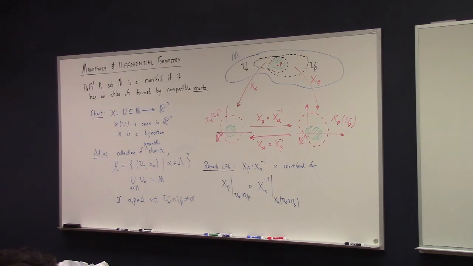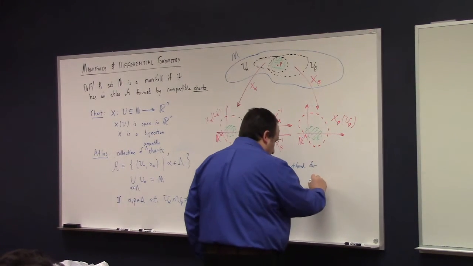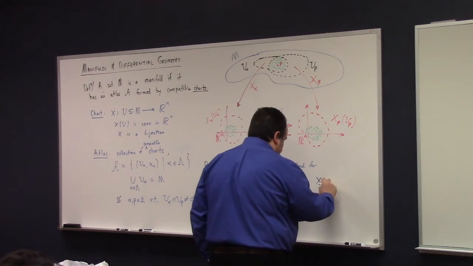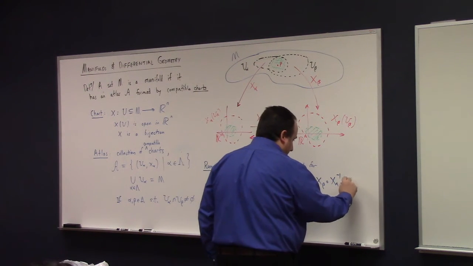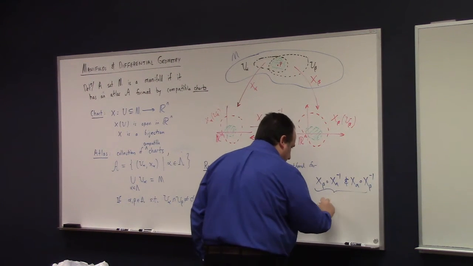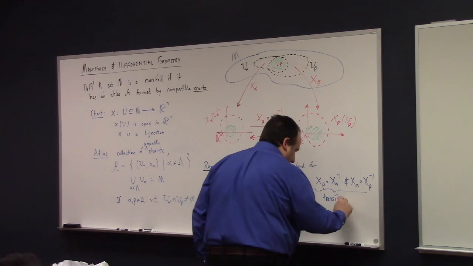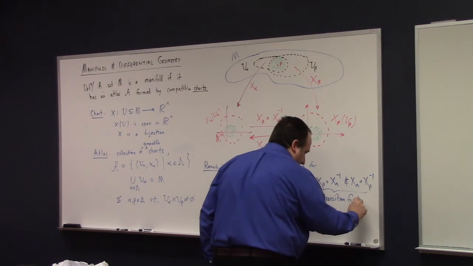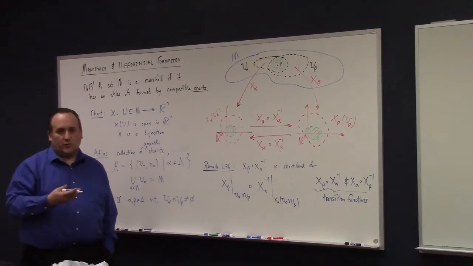Whenever we have overlap of two chart domains, we need the so-called transition functions, and that's what these are. So like x sub beta composed with x sub alpha inverse, and x sub alpha composed with x sub beta inverse. These are transition functions. Really, they're describing the change in coordinates, right?